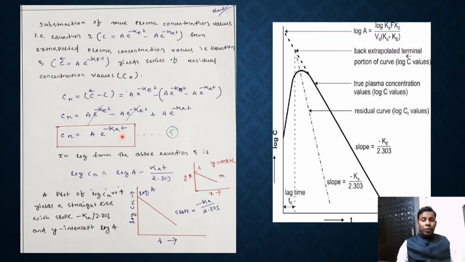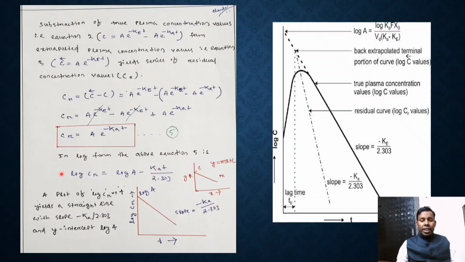Now if you take log of both sides, this equation 5 will become log CR is equal to log of A minus KAT by 2.303. This equation is the same as the equation of a straight line, y is equal to mx plus c. In the equation of a straight line, y is the value on the y axis, x is the value on the x axis, m is the slope of the line, and c is the y intercept.